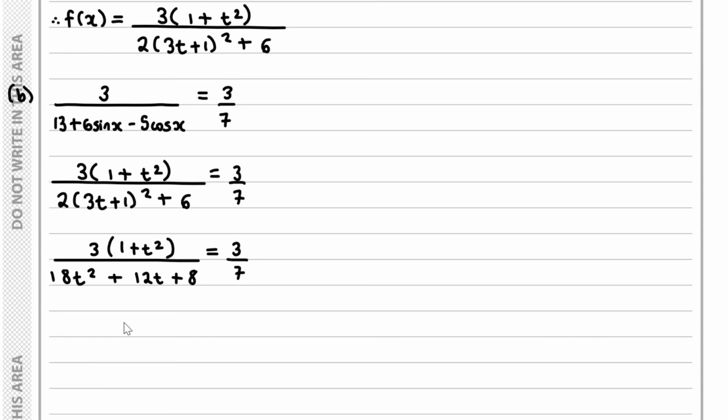And now if we cross multiply, we have 7 lots of 3 lots of 1 plus t squared equals 3 multiplied by 18t squared plus 12t plus 8.